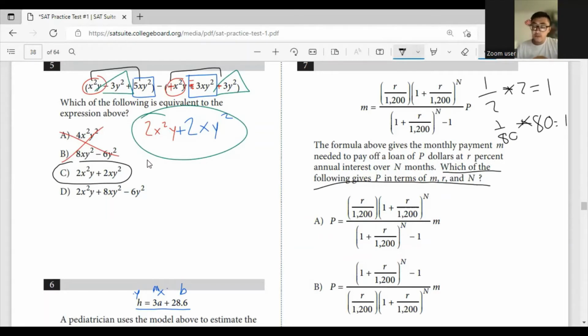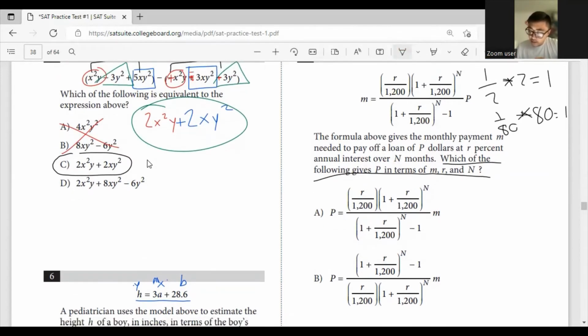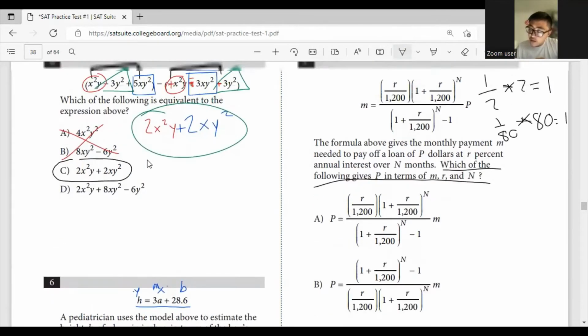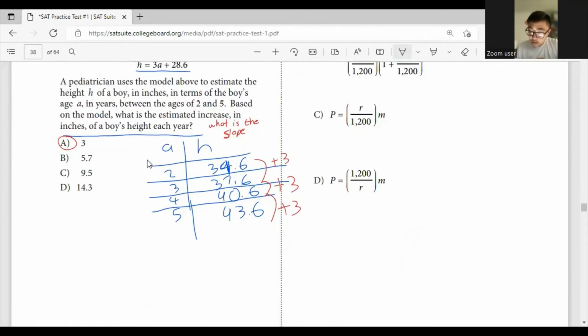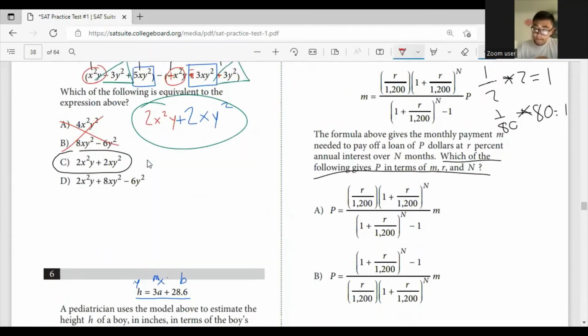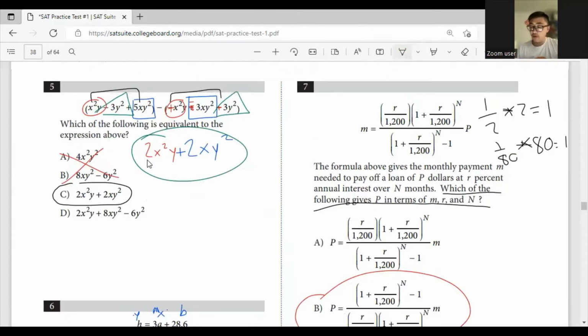What I'm looking for is M multiplied by the reciprocal of this. So let's look for something like that. It's looking like B, I think. Yeah, B. And that's how you do this problem.